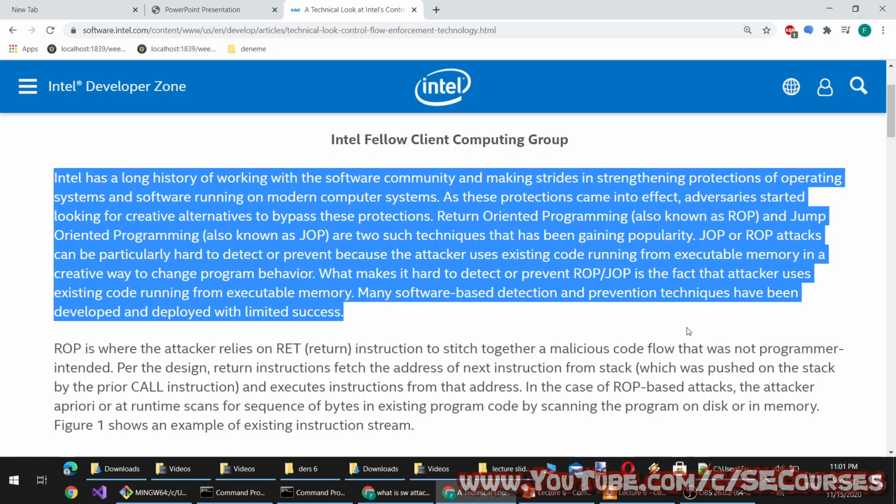JOP or ROP attacks can be particularly hard to detect or prevent because the attacker uses existing code running from executable memory in a creative way to change program behavior. Many software-based detection and prevention techniques have been developed and deployed with limited success.